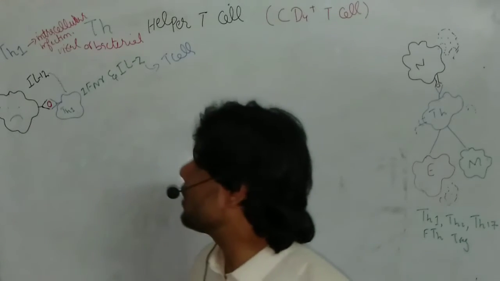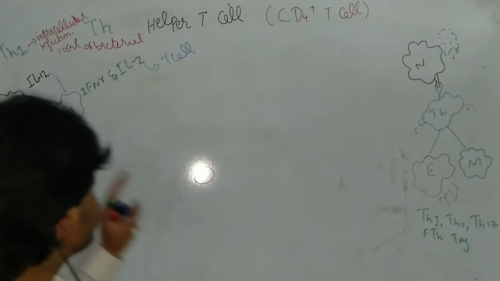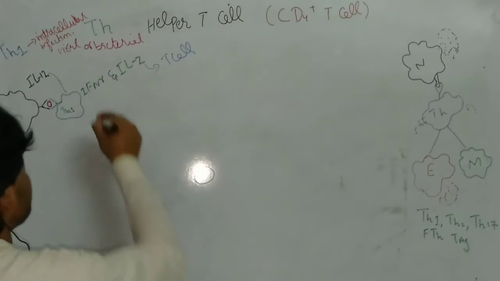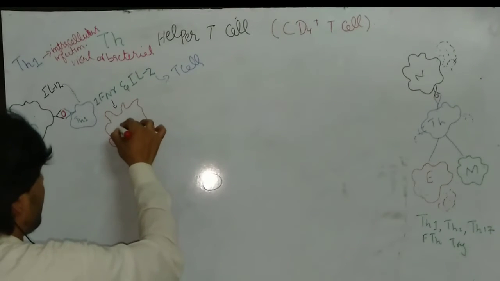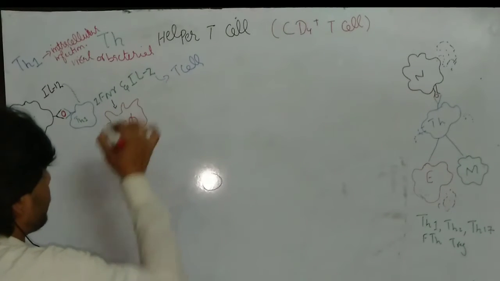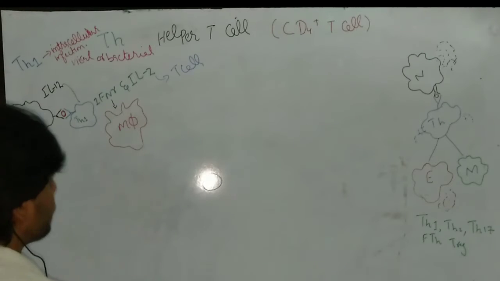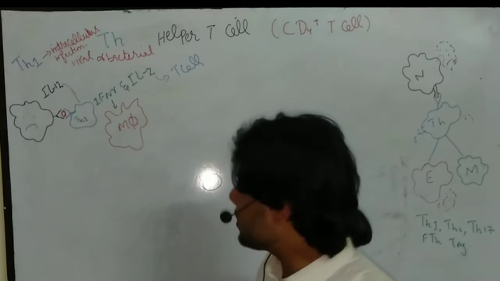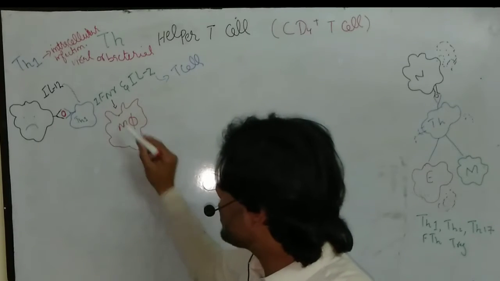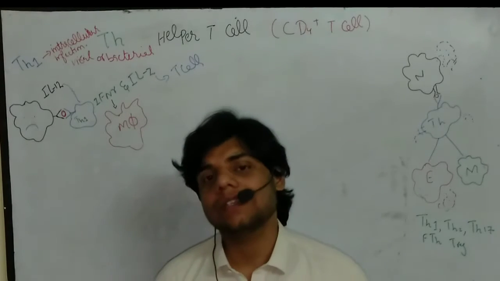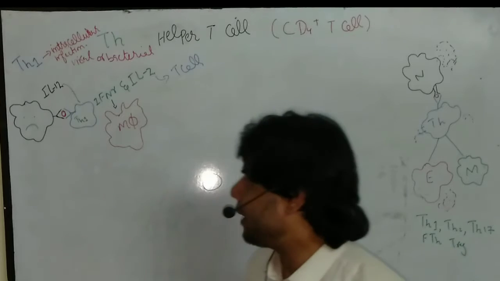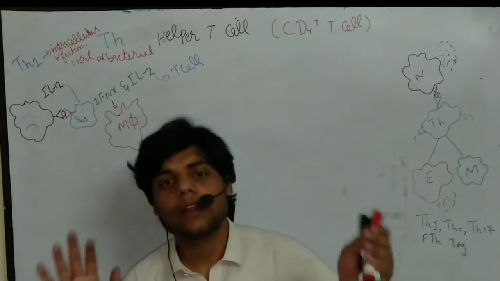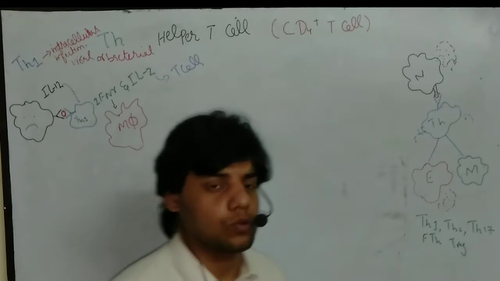Then interferon gamma, this interferon gamma will activate the macrophages, and all of you better know what macrophages are. These are the phagocytic cells. And if there is a bacterial infection or viral infection, then these macrophages will engulf these kinds of microorganisms, means the bacterial cell, they will engulf it and degrade it and kill each bacterium by the phagocytosis process.